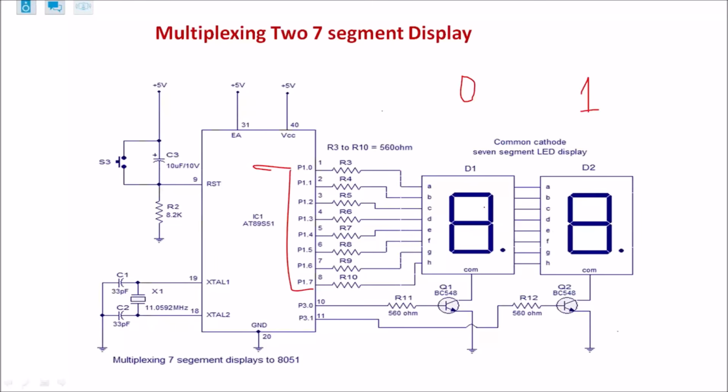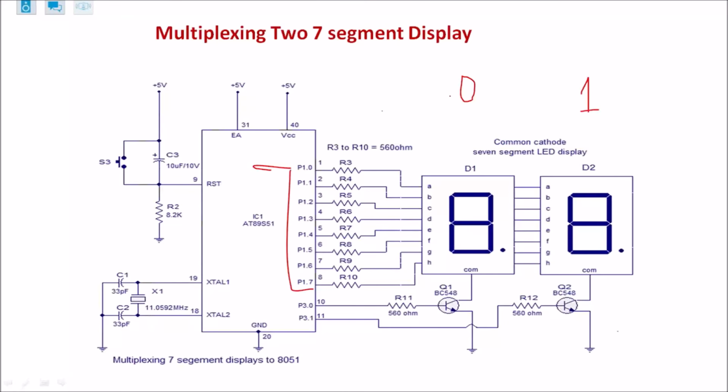All these lines are connected in parallel. Whatever code you send on this port will be given to display 1 as well as display 2. So when you send the 7 segment code for digit 0, that will be given to the first display as well as the second display. So if both displays are enabled, on both of them 0 will be displayed.